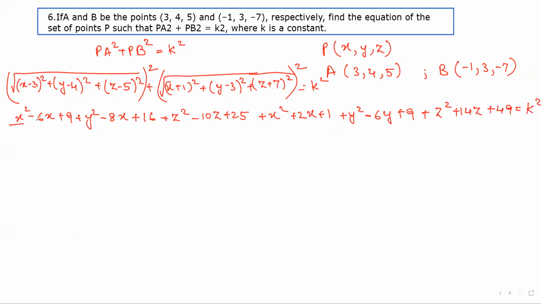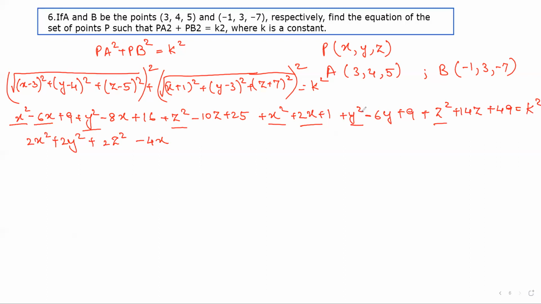Now, x square is 2x square, plus y square, 2y square, plus z square, 2z square, plus minus 6x plus 2x, so it is minus 4x.